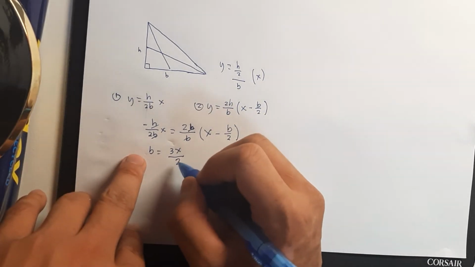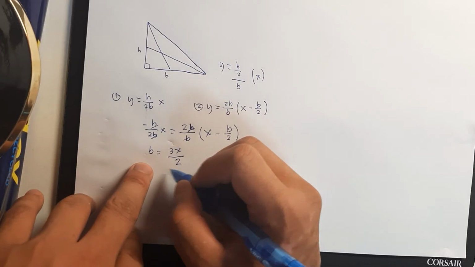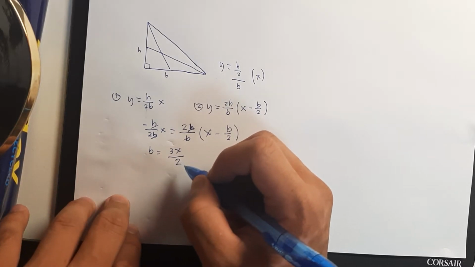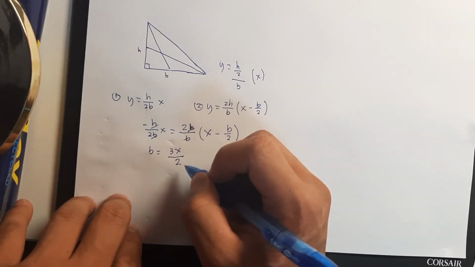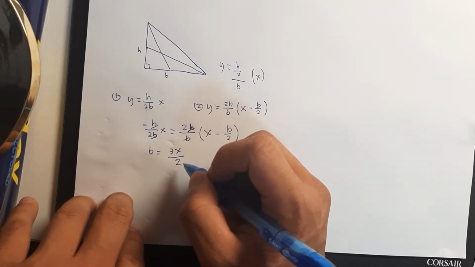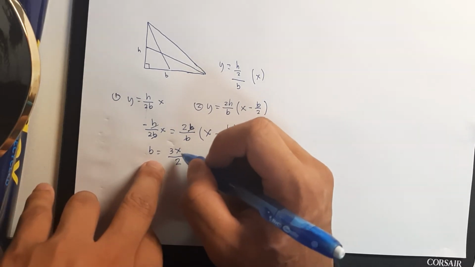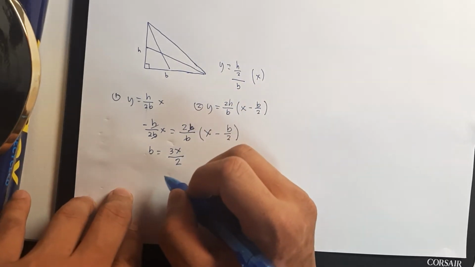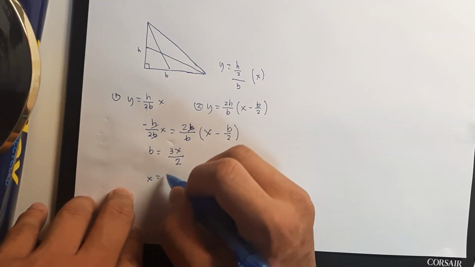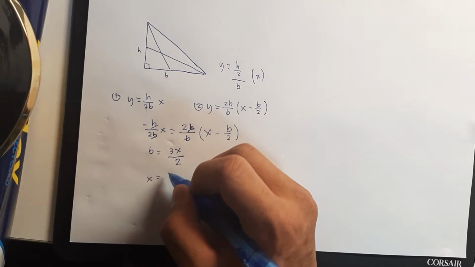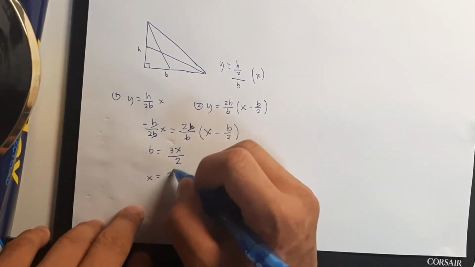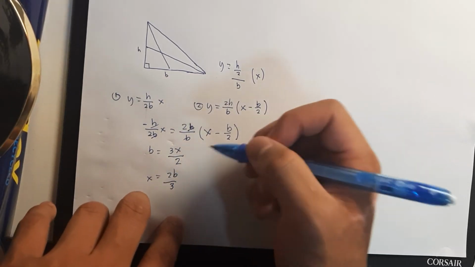That would be one of its coordinates. So we will substitute that into this. This actually is x equals 2b over 3.